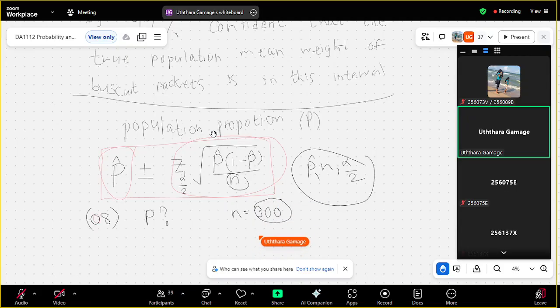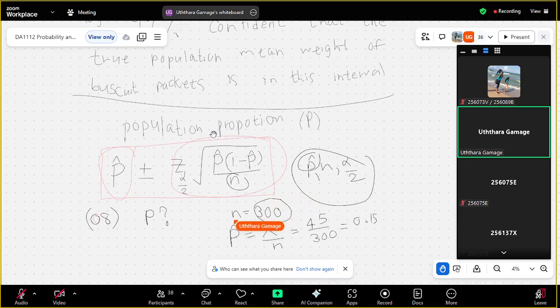We are not directly given the sample proportion P hat, but we need to find it, right? Remember, x divided by n, where x is the number of defective items, 45, out of the sample size 300, right? So it would be 0.15.